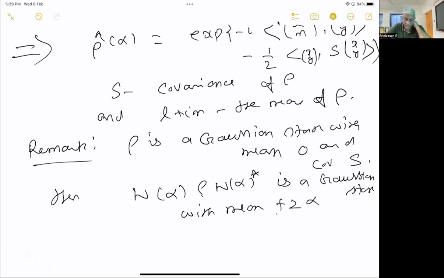I'm not sure of the sign, but it's just plus or minus 2 alpha. It will just multiply. We have already seen this. So 2 alpha and covariance S. Yes, we have already seen this.